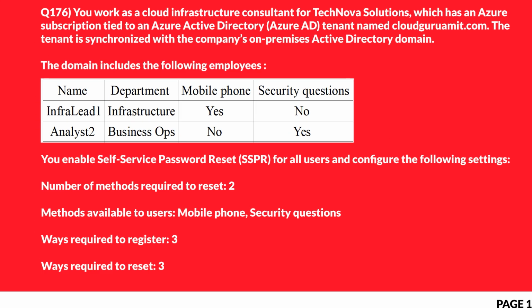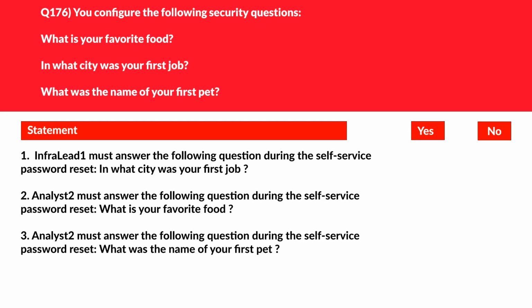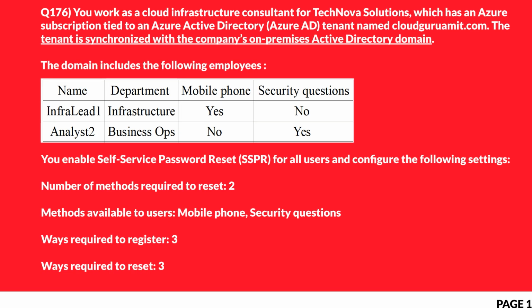All right, now let's look at this question. Please feel free to pause this video to have a look at what the question is all about. Let's look at the statements. I'll go one step back once again so that you can have a read.